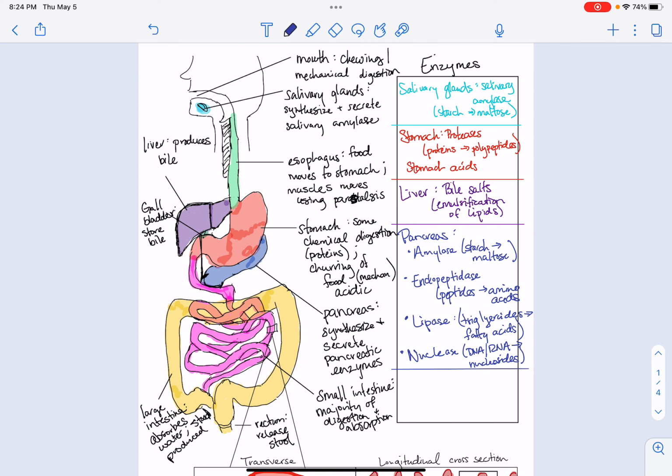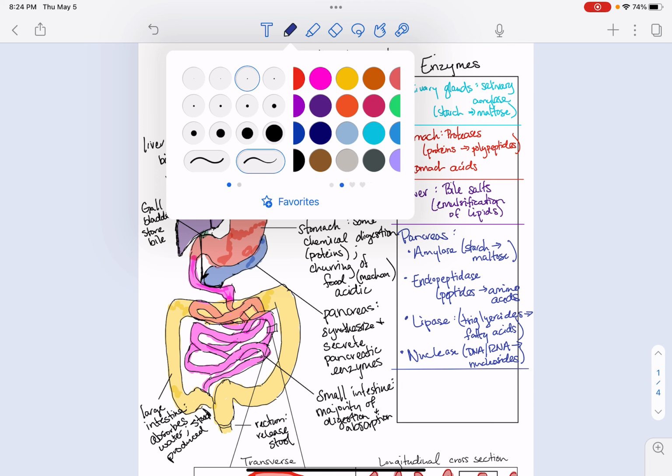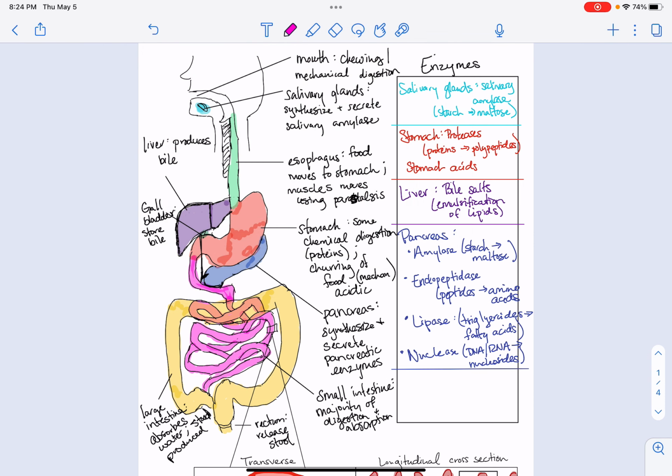And then the small intestine, you don't super need to know this because the small intestine is mostly where the digestion occurs. But there are some membrane-bound enzymes, so enzymes that are within the membrane of the cells that line the small intestine.